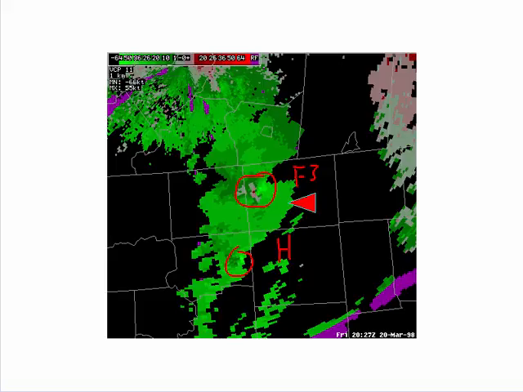However, imagine a scenario where the storms are far from the radar, and we're looking too far up into the storm to really get a good idea of how intense it is. Or imagine if the radar is down, and you need an additional piece of information about that storm.